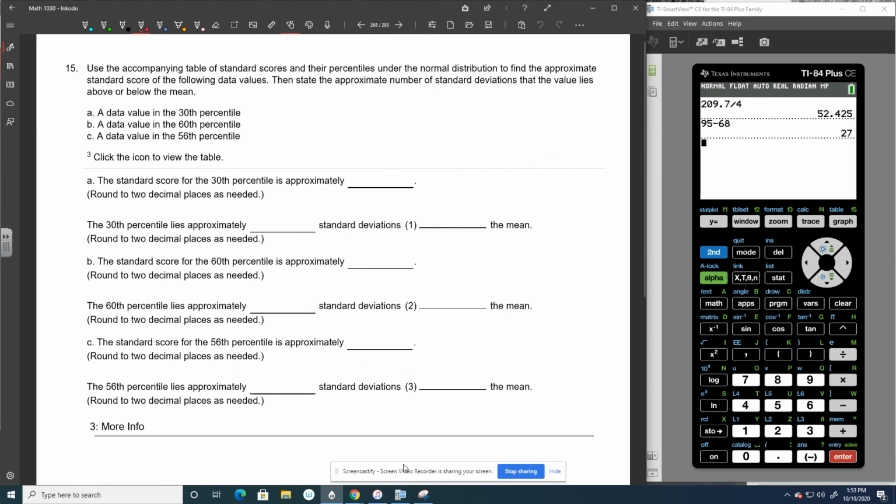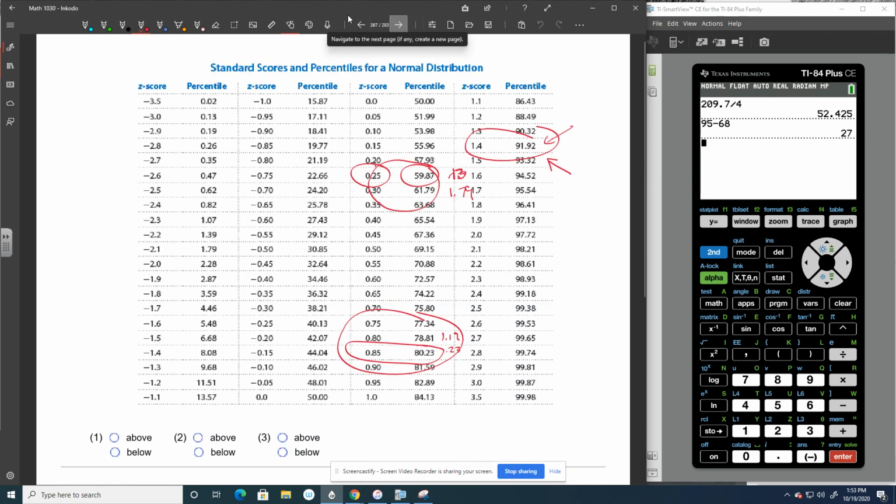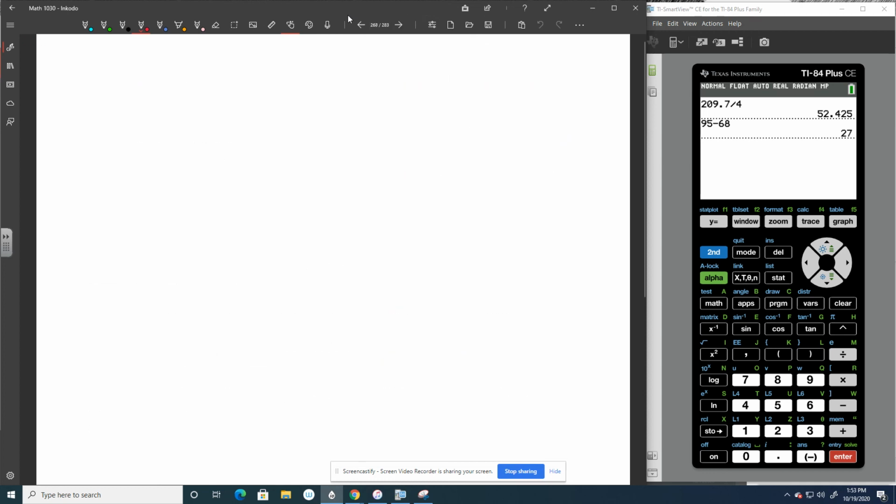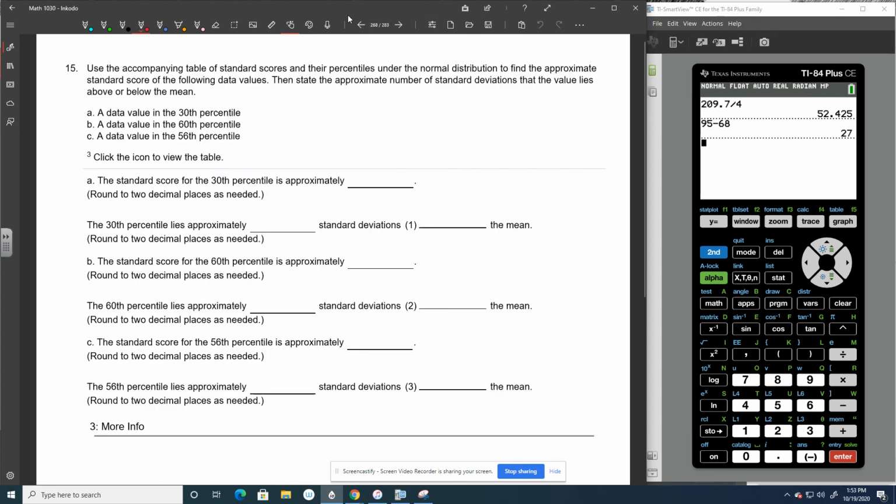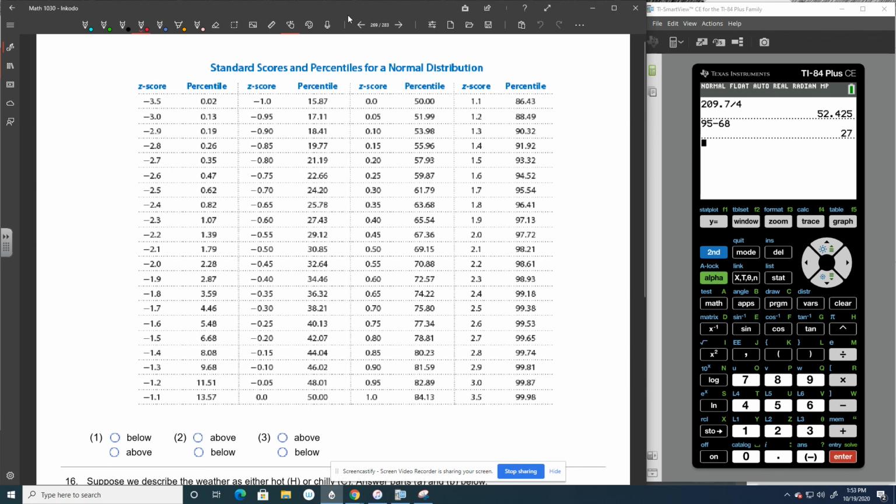Now looking at our number 15, we're not going to do all of them, but I do want to look at this first data value. So we're doing the same thing, but it wants a data value in the 30th percentile. So if I look at that table again, the 30th percentile, I'm right here in between 0.55 and 0.5.